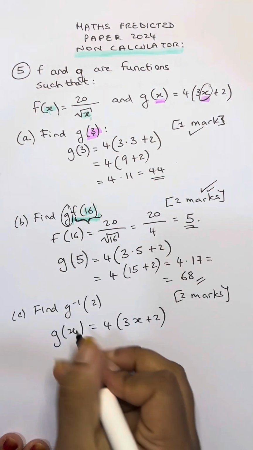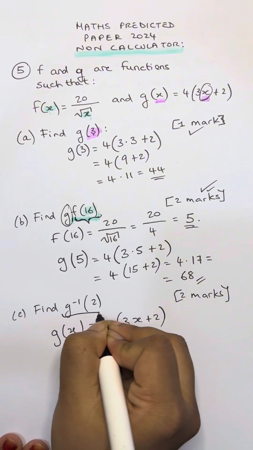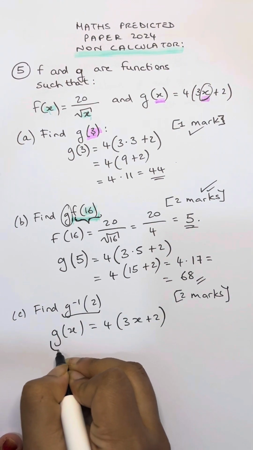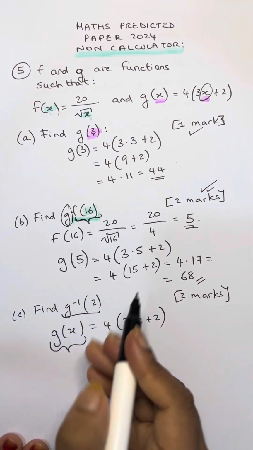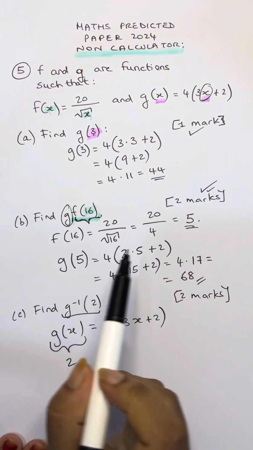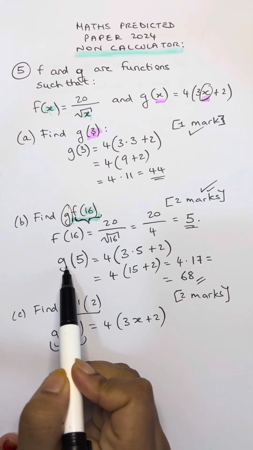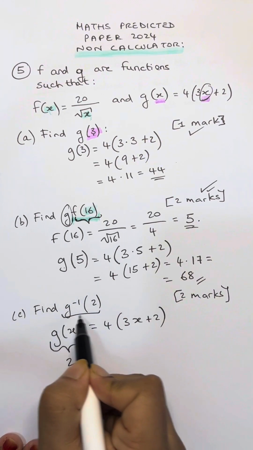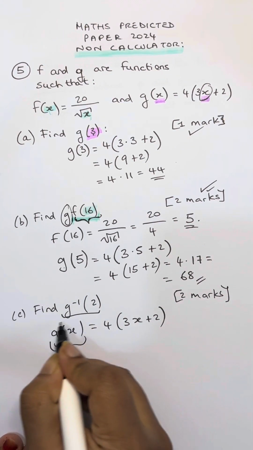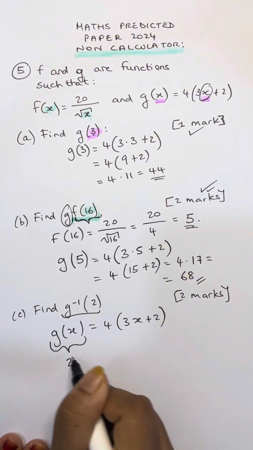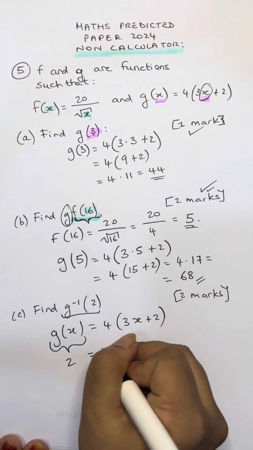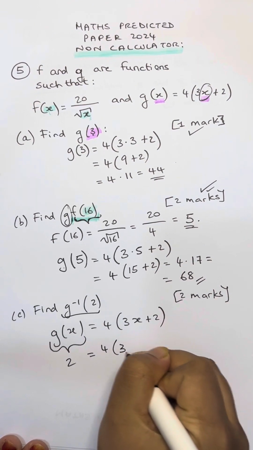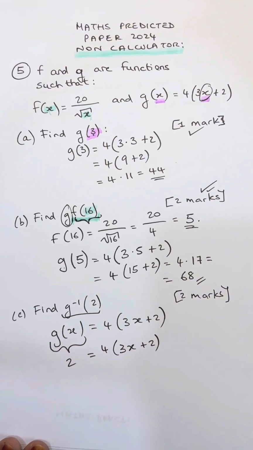So whenever you see g inverse like this, what it means is that you need to substitute this whole thing as 2. Before we kept the g, but because of the g inverse, this g of x is going to be fully replaced by 2 and nothing else changes. So 4 times, open a bracket, 3x plus 2 is going to stay the same.